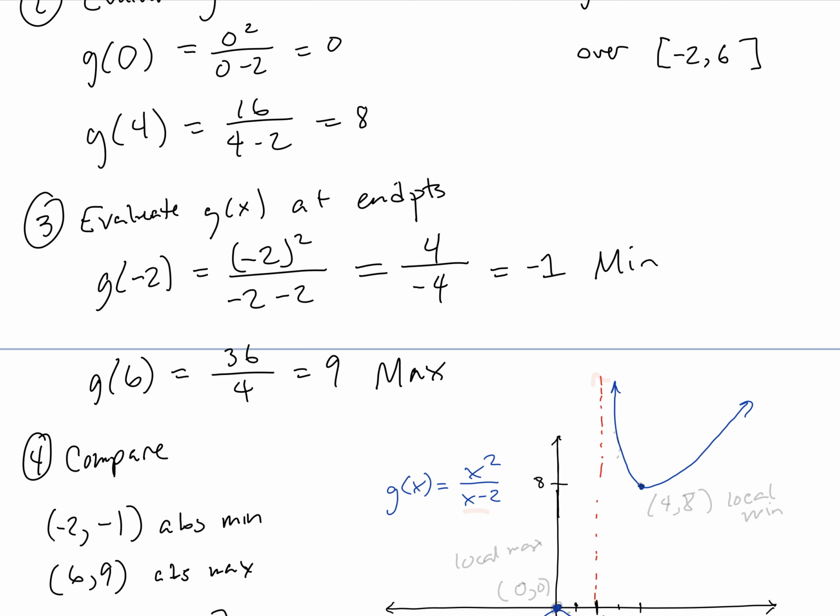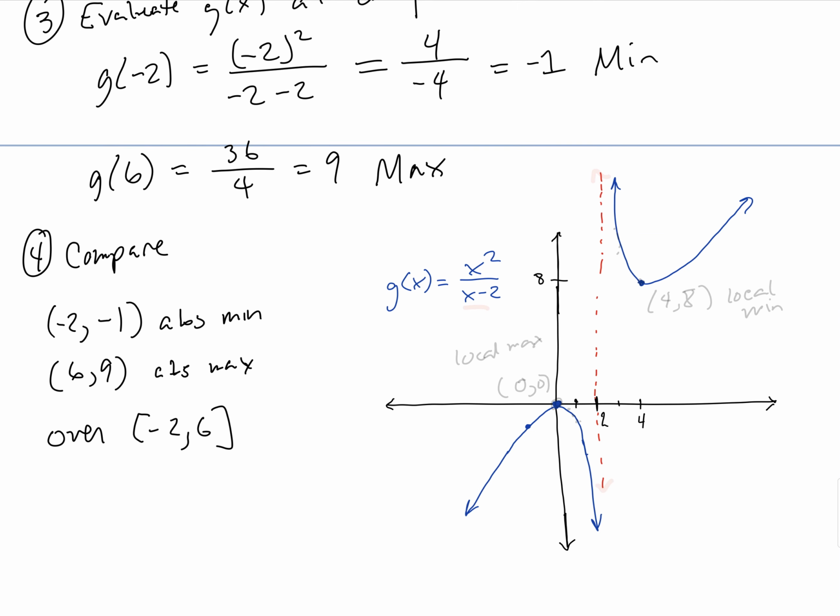If we graph that function, as we see to the right, g of x equals x squared over x minus 2, then one thing that we have is an asymptote at x equals 2. We've got this vertical asymptote, and this function is sort of hugging the asymptote on each side.